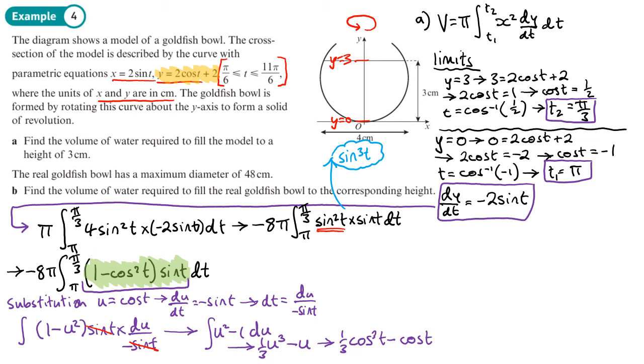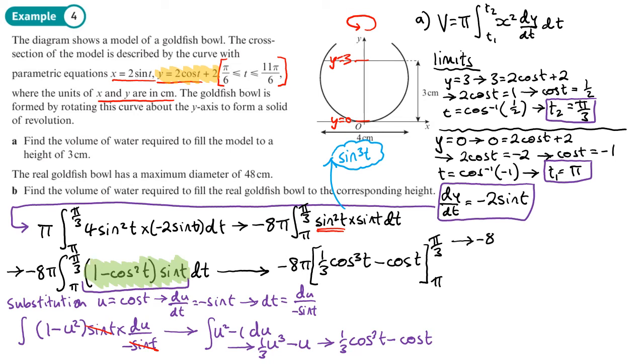So let's go back to this, and this integrated, so I'll have minus 8 pi here, and in brackets I will have 1/3 cos cubed t minus cos t, with limits of pi over 3 and pi. So from here, the next thing we do is to substitute in those limits.